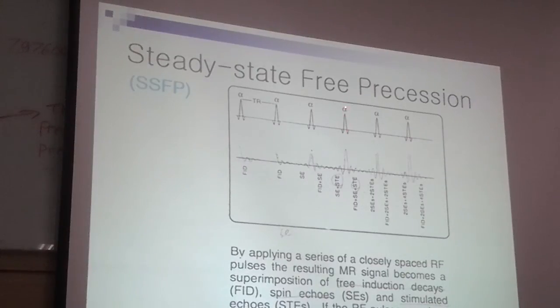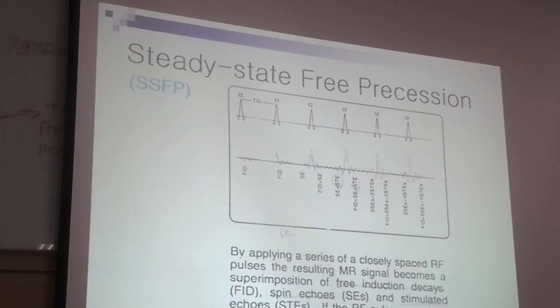On the right side of the third RF pulse, at the fourth RF pulse, the FID, Hahn echo, and stimulated echoes are overlapped here. After that, all the Hahn echo, stimulated echo, and FID are overlapped in the same manner.